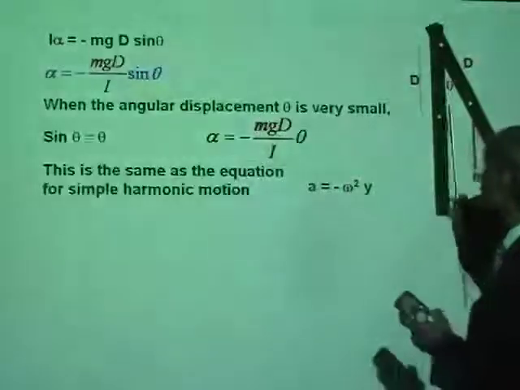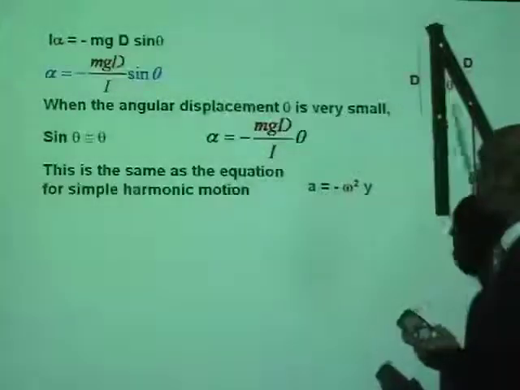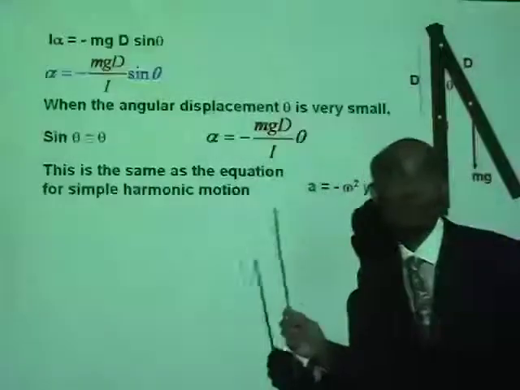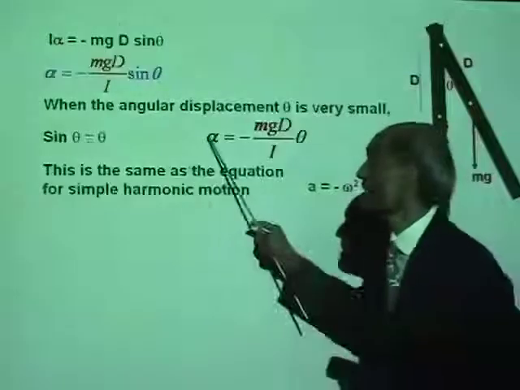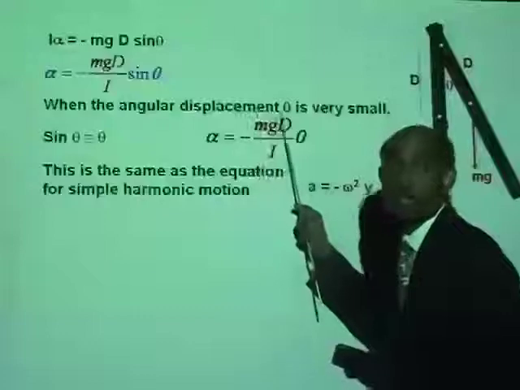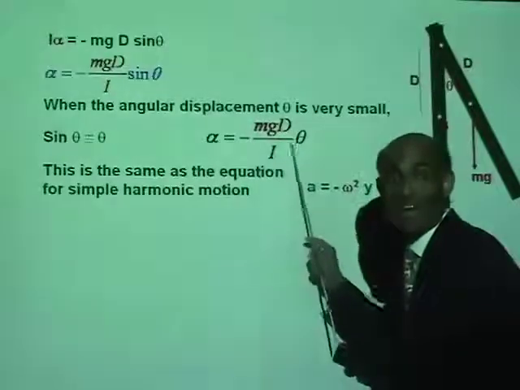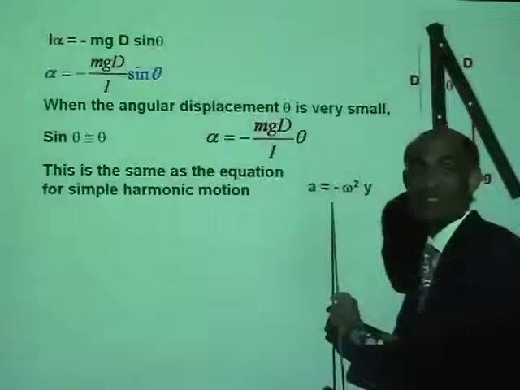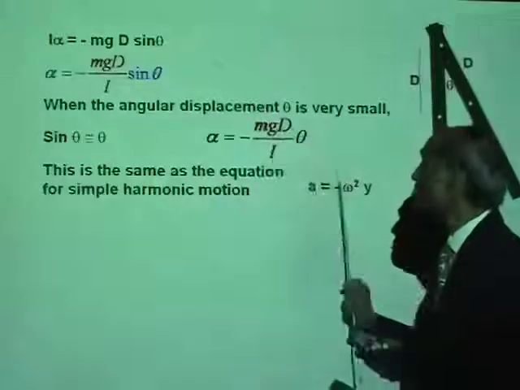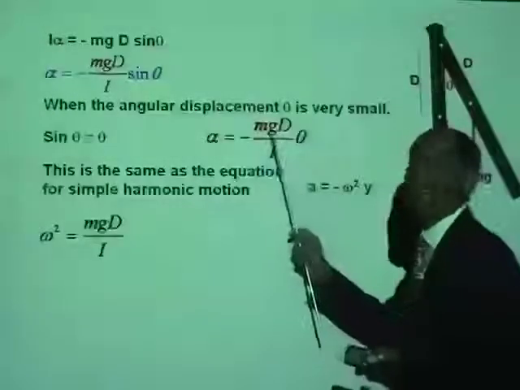Acceleration, displacement. So this equation and this equation are the same. The oscillation of a physical pendulum is a simple harmonic oscillation. The acceleration is proportional to displacement and is directed opposite to it. Now, can you compare these two equations? Yes.